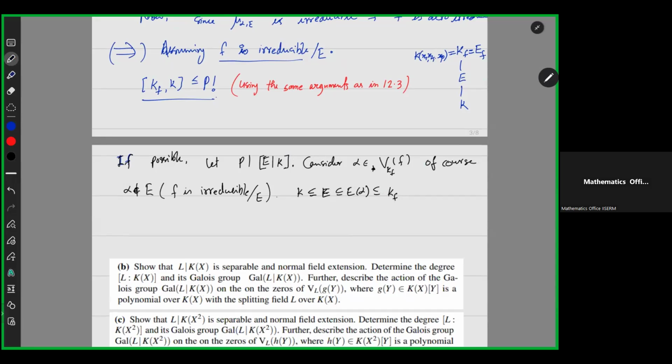So for these field extensions, we write the degree formula.